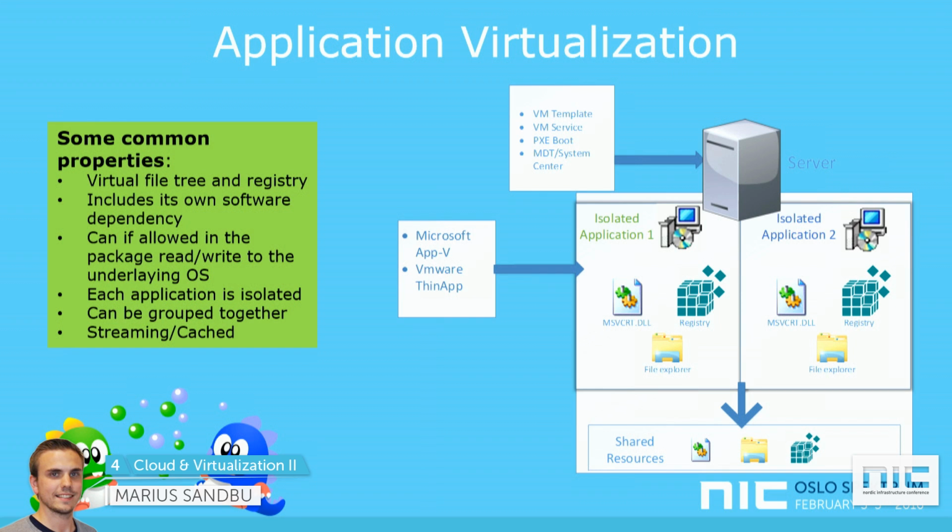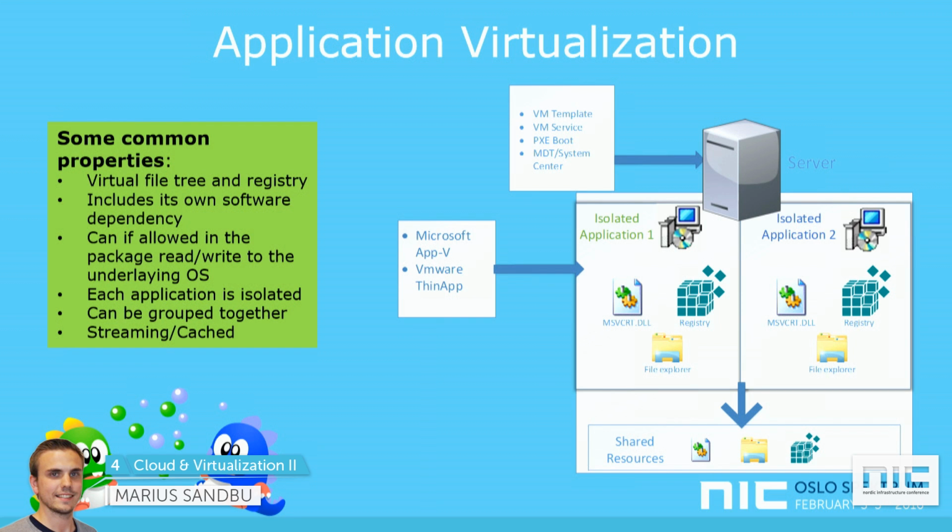Now, also using application virtualization, we have a little bit more flexibility in terms of delivering applications. We can add the packages to the virtual machine, or we can even stream them from a network share. Kind of like running Office 365 Pro Plus. It's Click-to-Run, it can also use streaming.